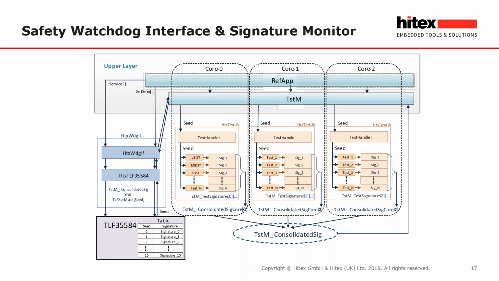In reality, the TLF actually provides a seed value, which is combined with the signatures coming back from the individual tests. And if the overall value does not match a table within the TLF 35584, then it decides that the system's in an unsafe state.